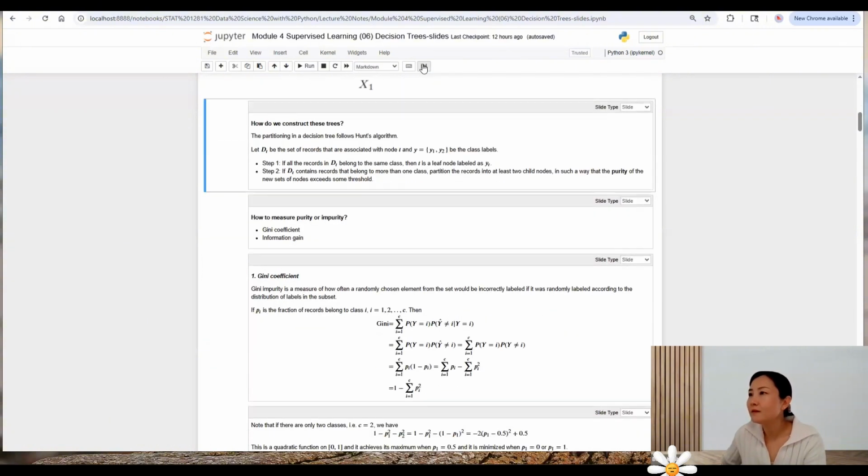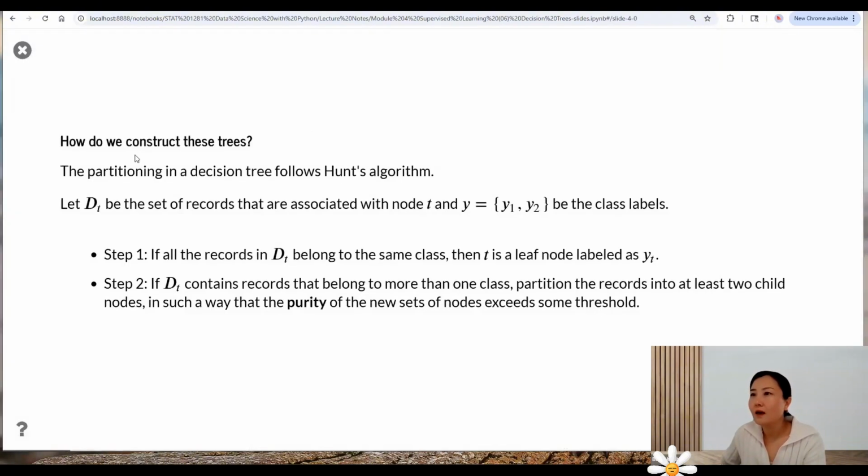So let's see how we construct these trees. It uses Hunt's algorithm. Let's see how this algorithm works. Let Dt be the set of records that are associated with node t, and y be the class labels. Y only has 2 labels, assumed.